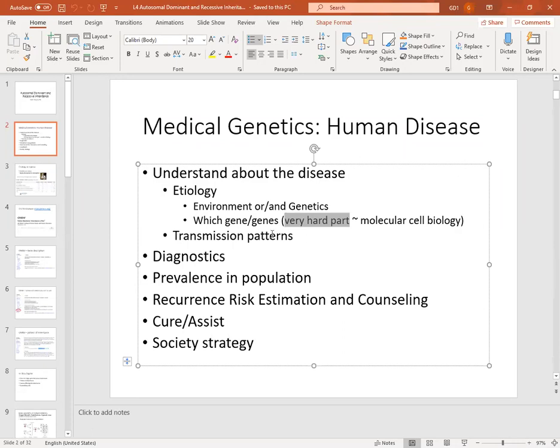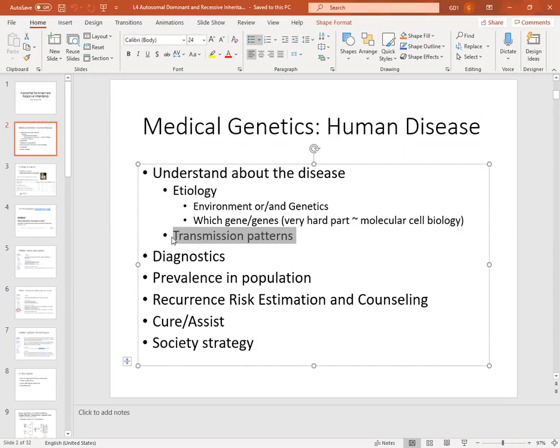And the next thing I noted in here is the transmission pattern. For example, for infectious disease caused by a virus or bacteria, we have to touch the source of the disease, the bacteria or microbe, right?